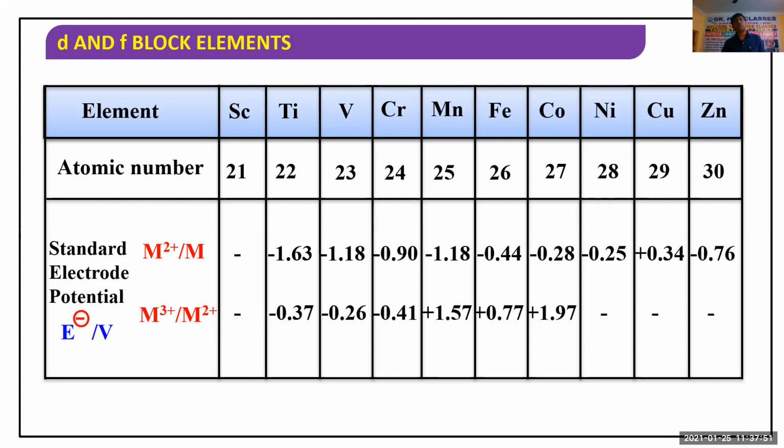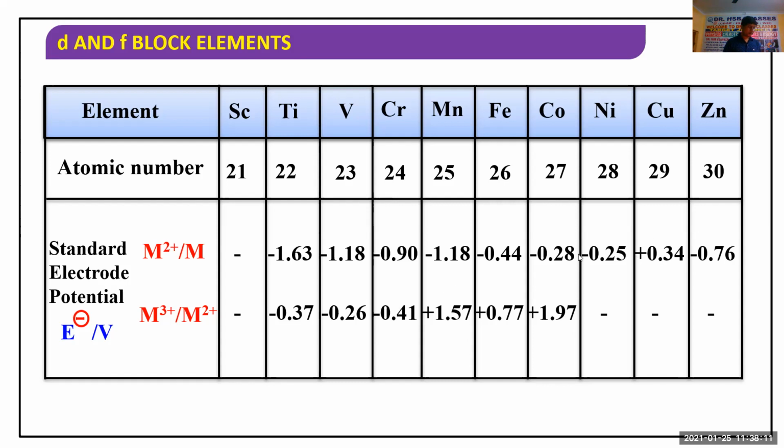This is the reduction potential. This is negative, and up to this there is a positive. So copper has the positive standard reduction potential.